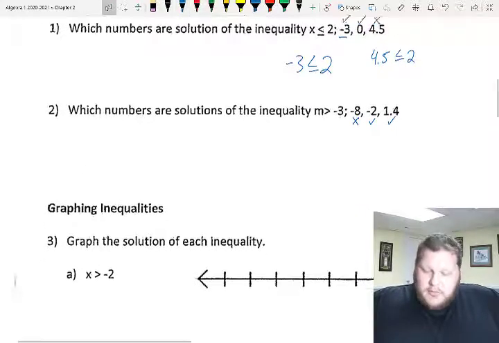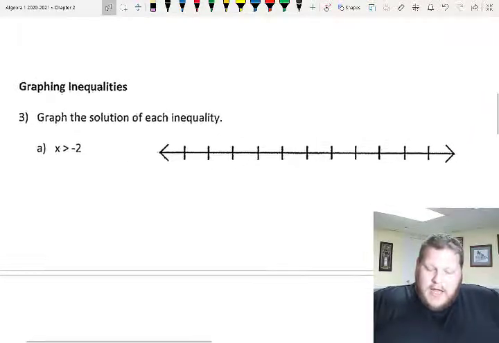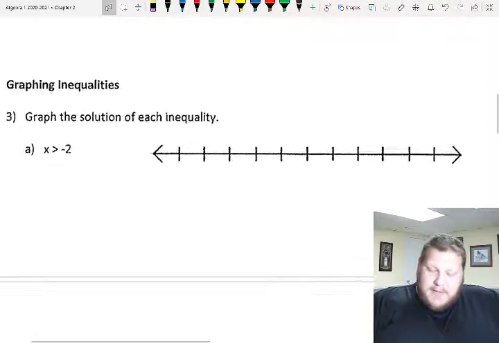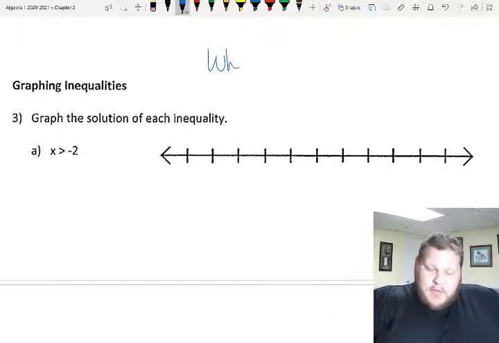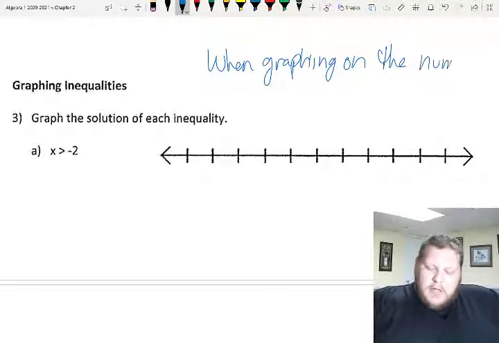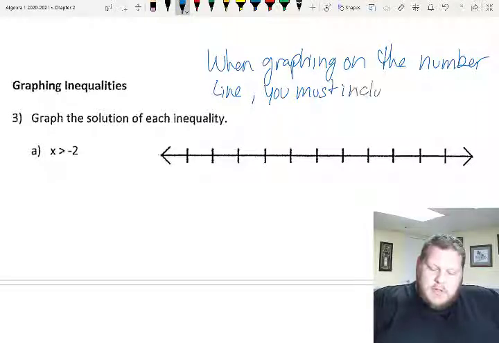All right, so into graphing. Now, when we graph, I have maybe some different expectations than what some of your other teachers might have had in the past. When I have you guys graph something on the number line, you must include at least 5 values.